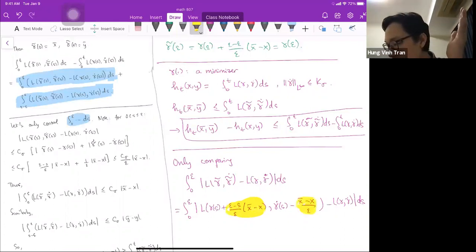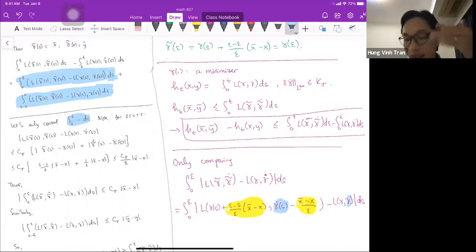What is the clear point here is that gamma dot here is bounded by k sigma, right? And because it is bounded by k sigma, I have that the function is globally Lipschitz, okay.